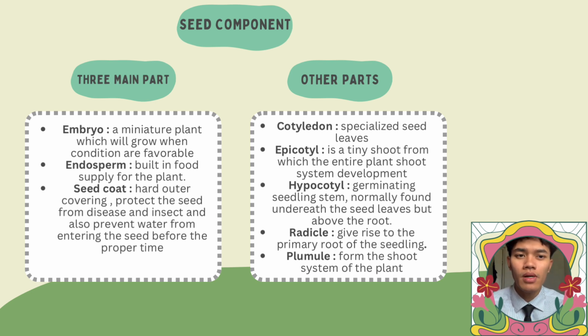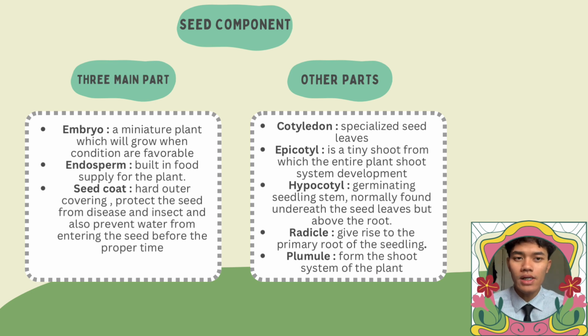The endosperm is a built-in food supply for the plant, and the seed coat is a hard outer covering to protect the seed from disease and insects, and it can also prevent water from entering the seed before the proper time.